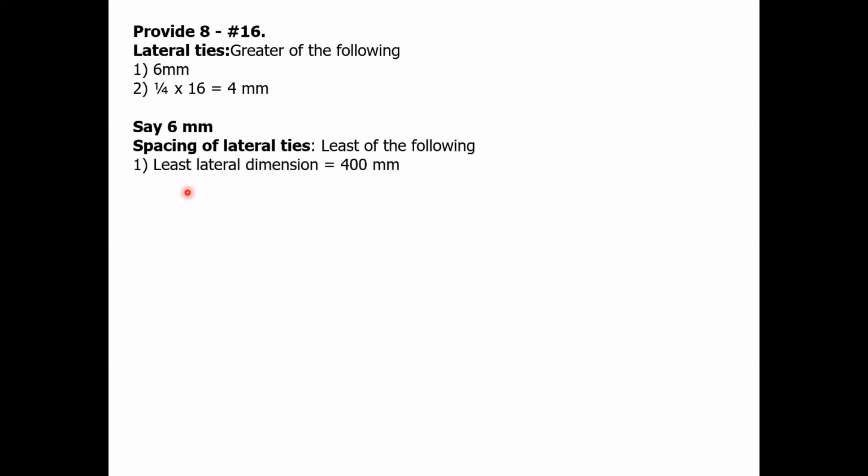Next, spacing of lateral ties. Least of the following. So first one is least lateral dimension 400 mm, second one is 16 times the dia of main bar, and the third condition is 300 mm. Among these three you have to consider the least.